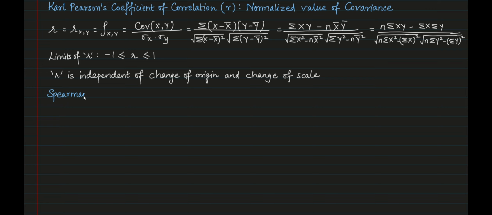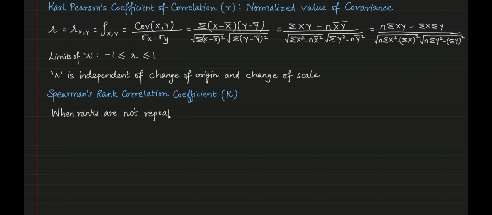Spearman's rank correlation coefficient is denoted by capital R. When ranks are not repeated, we know that the correction factor is equal to 0.